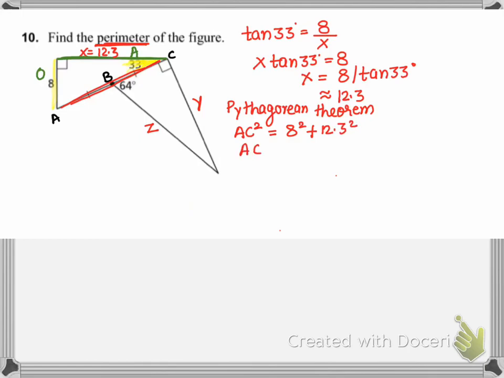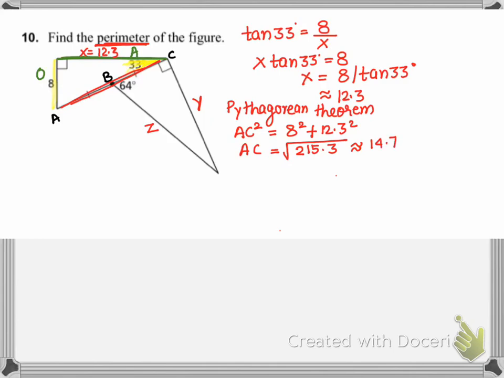You just add the squares, and the sum of the squares is going to be 215.3, and when you take the square root, that's going to be roughly equal to 14.7.